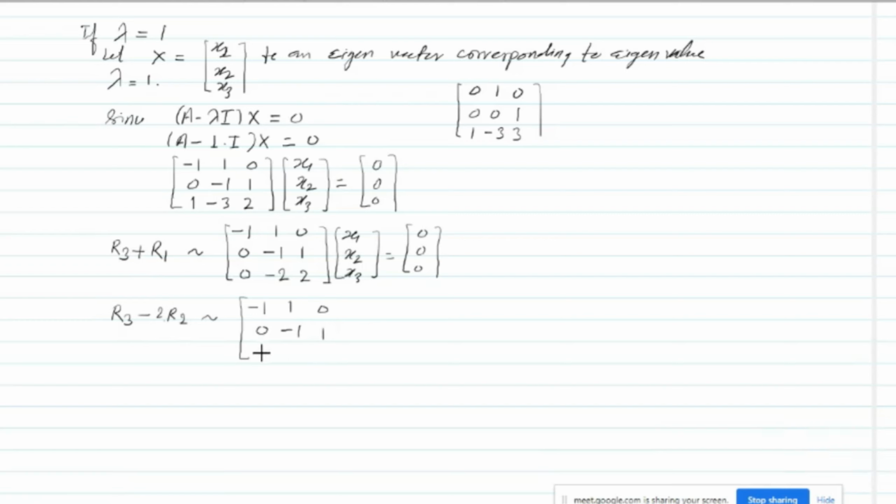So R3 minus 2 times R2. Here R3 is minus 2 and minus 2 times minus 1 is plus 2, so this becomes 0. And here R3 is 2 and this is minus 2, so 2 minus 2 is 0.